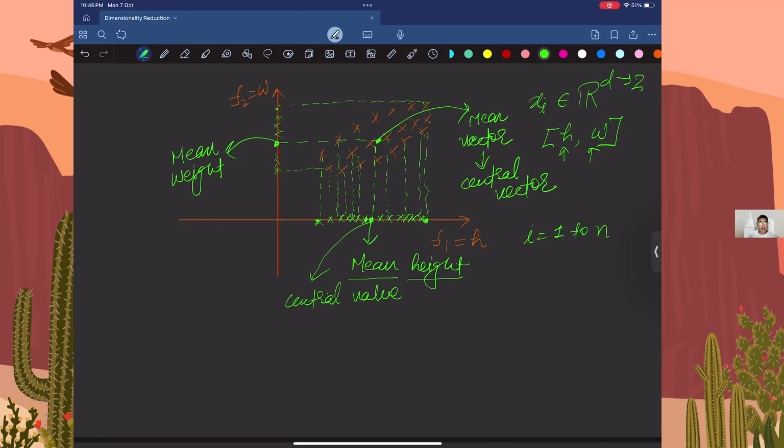Geometrically speaking, what I'm actually doing is, if I write, this is my mean.